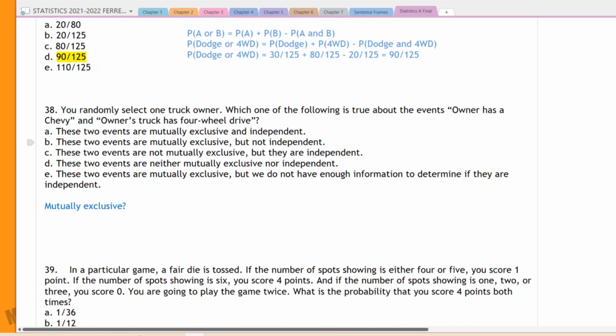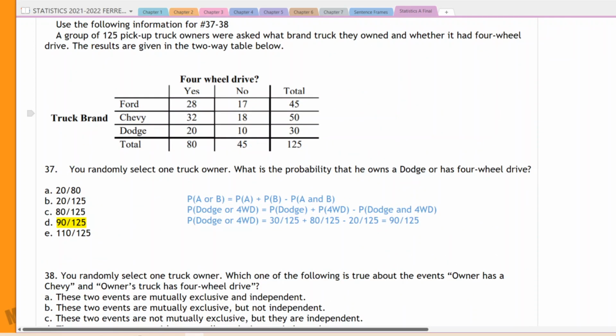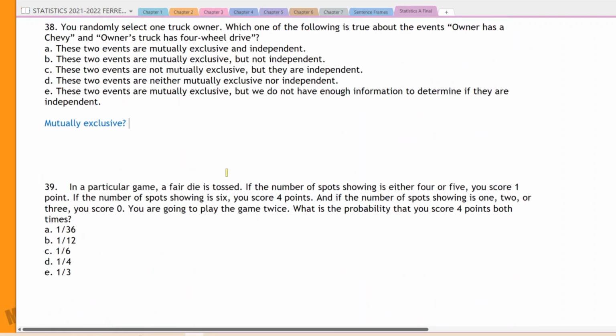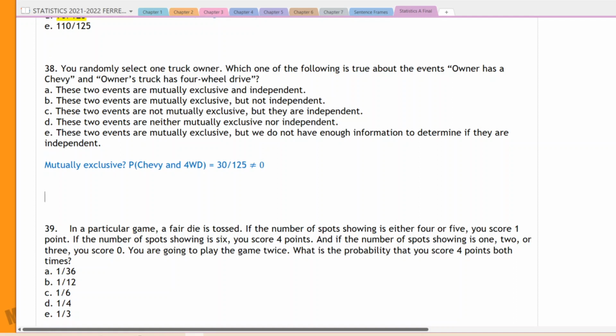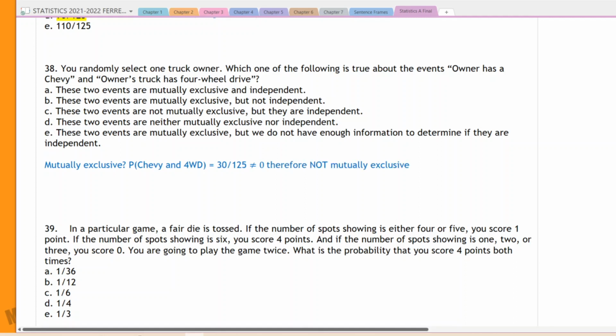Probability of Chevy and four-wheel drive is equal to 32 out of 125. And that's not equal to 0. Mutually exclusive means this AND probability is equal to 0. And since we're not equal to 0, this is not mutually exclusive. So any of these answer choices that says these two events are mutually exclusive, it's got to be wrong.